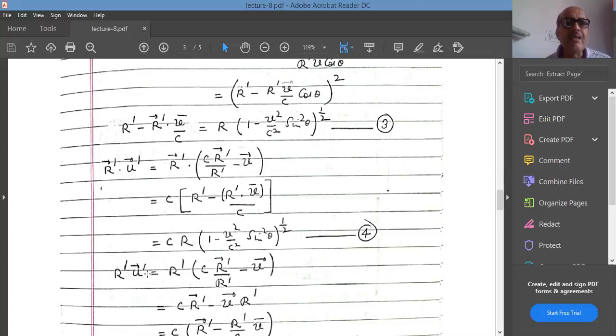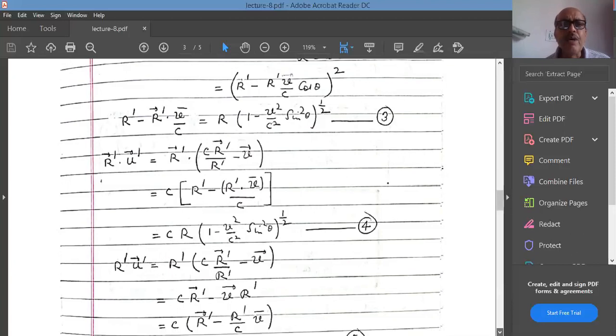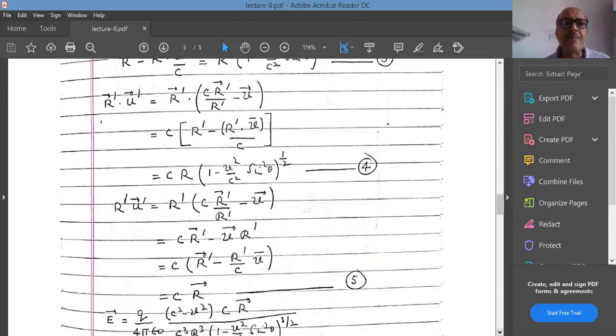Now we move on to the numerator. Numerator has r dash multiplied with u dash vector. So u dash vector, you already know, is c into r dash upon r dash minus b multiplied by r dash. So take r dash inside, it is c into r dash minus vector b into r dash. Be careful with the vector and the modulus of the same vector.